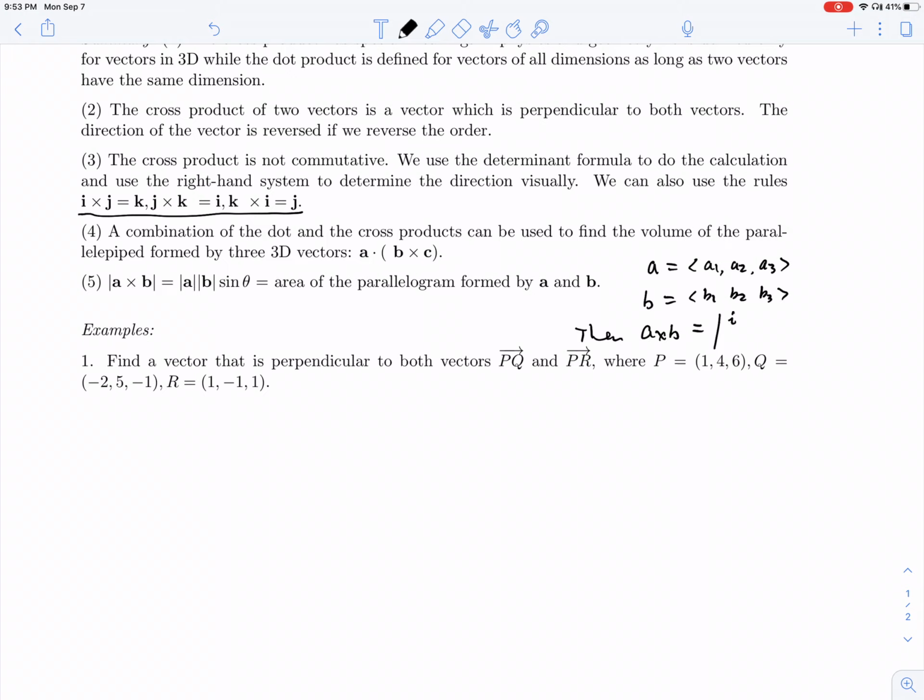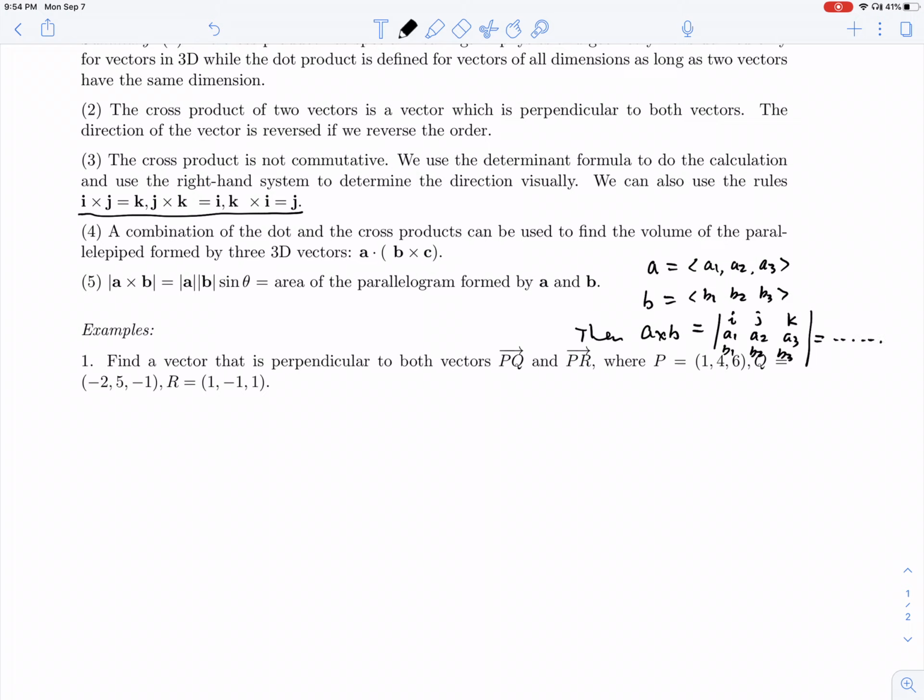This is I, J, K, the basis vectors, and then you put A1, A2, A3 over here, and B1, B2, B3 over here, and then you calculate the determinant using the rules.